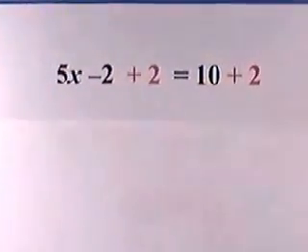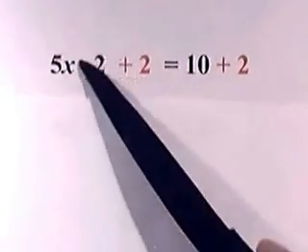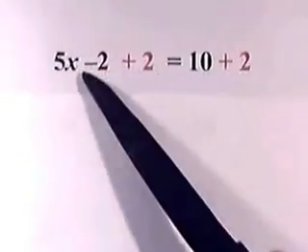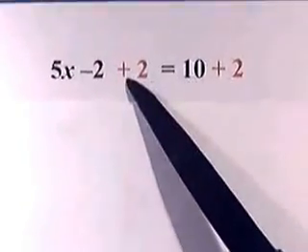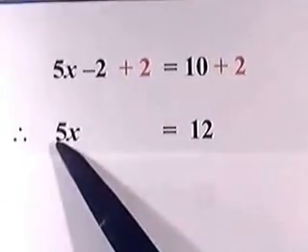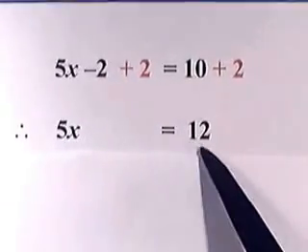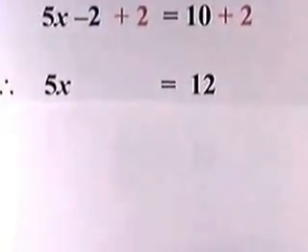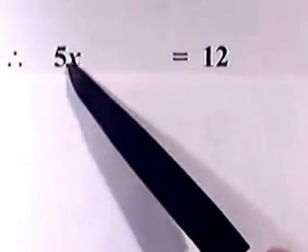And let's do that. Here we have the equation. To get rid of that minus 2, I add 2 to both sides. This minus 2 and plus 2 becomes 0. I've now got 5x is equal to 12. Well, that means I've got my x being multiplied by 5.